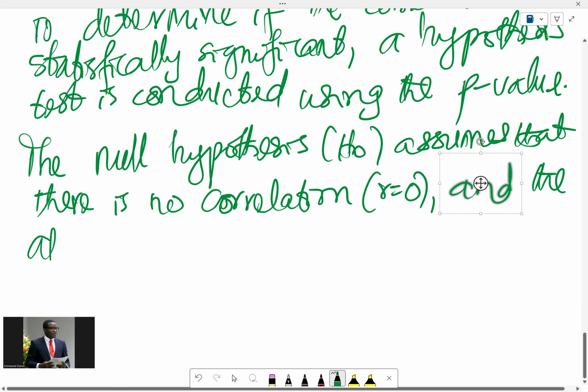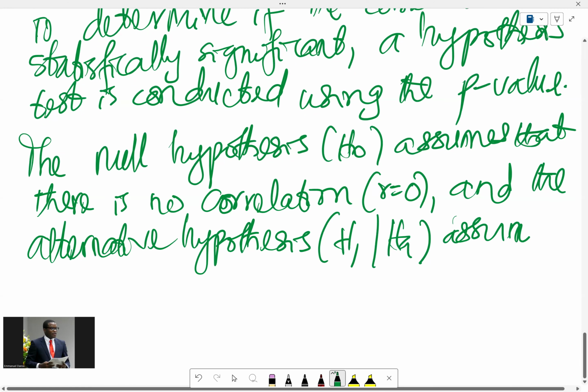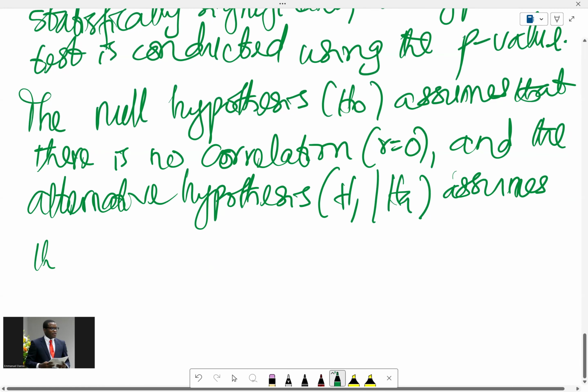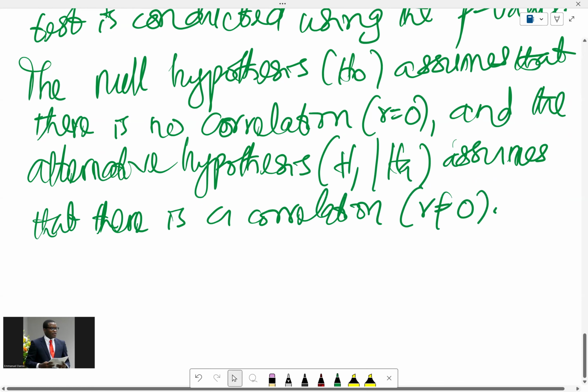And the alternative hypothesis, if you like, that's H1 or HA, depending on your preference. So that assumes that there is a correlation, meaning that R is not equal to 0.